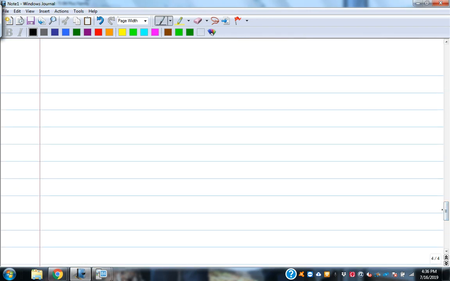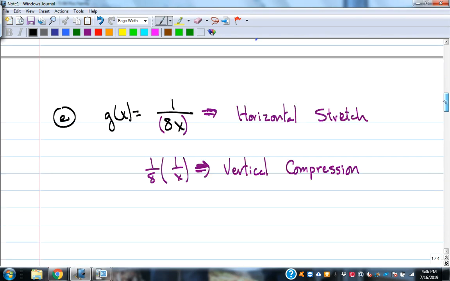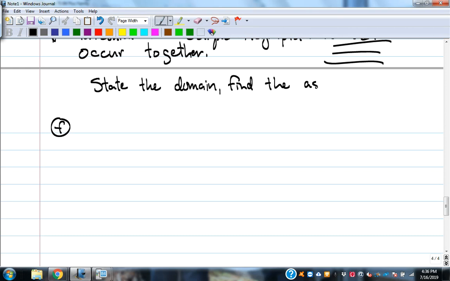So let's take an example. Example F, I think. Yeah, example F. And we're going to state the domain, find the asymptotes, whatever kind there are, and last thing that we're going to do, which is not too far-fetched, is the intercepts.